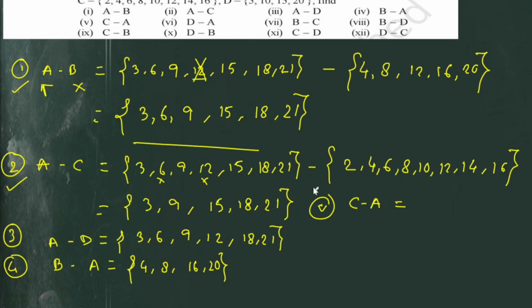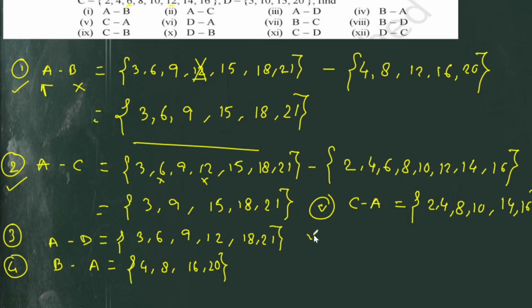C minus A means we have to remove the elements of A from C. So C is the set and A. 3 is there, no. 6 is there, yes, so you should eliminate this one. 9, no. 12, yes. And 15, no. 18, no. So we have to write 2, 4, 8, 10, 14, 16.